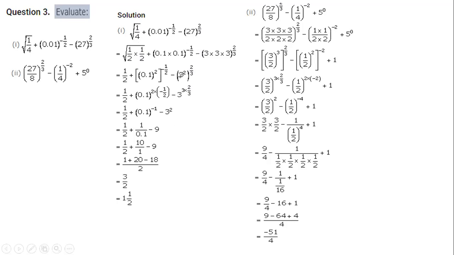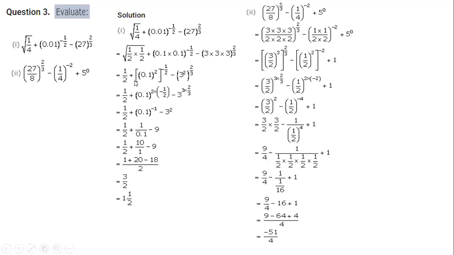The last term is done. Come to the second term, 0.01. That means 1 by 100. This can be written as 1/10 into 1/10, or 0.1 into 0.1. Because here the denominator is 2, we can write this in terms of something raised to power 2.